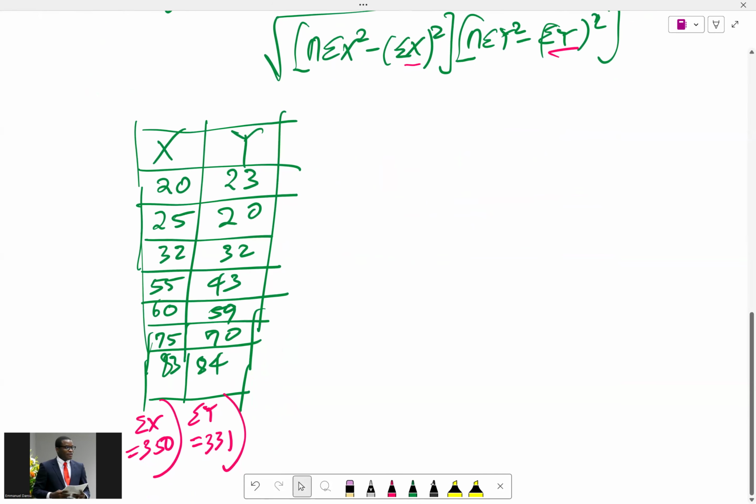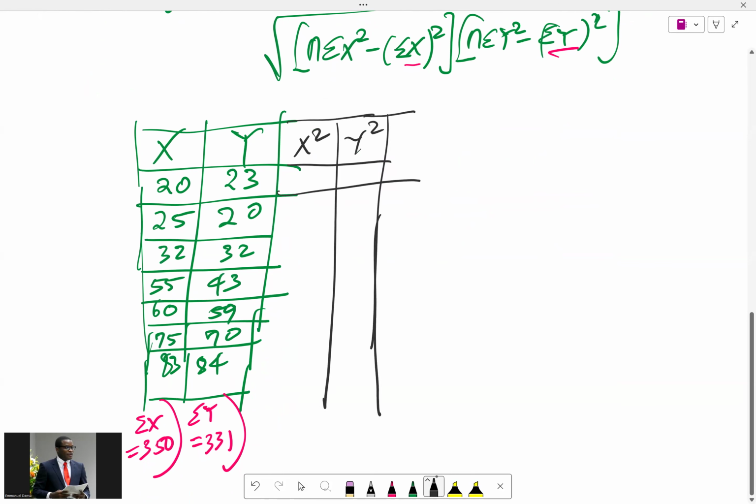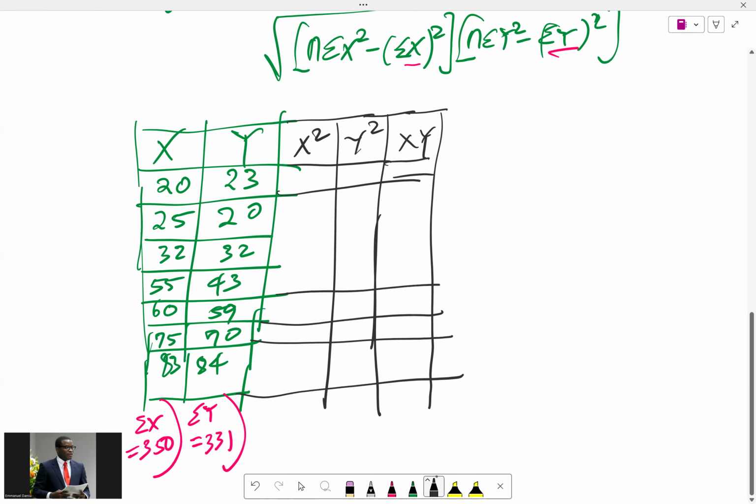So let's go for that. We have x squared, y squared, and then xy. First of all, 20 squared is 400. Under tension, don't be too sure of your brain because you can easily get it wrong and think you're right.